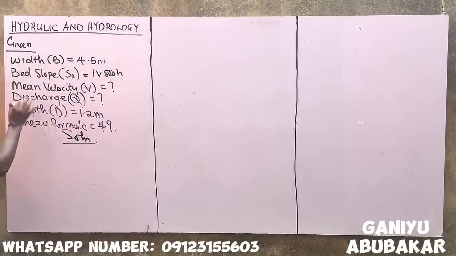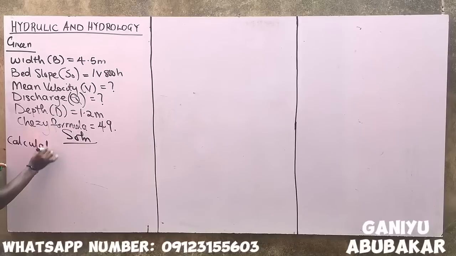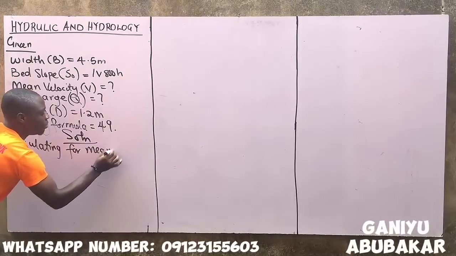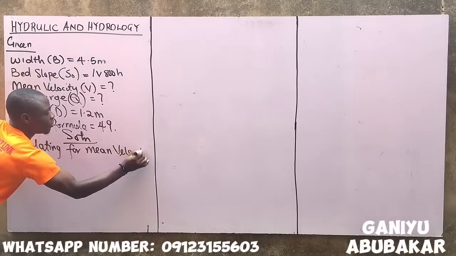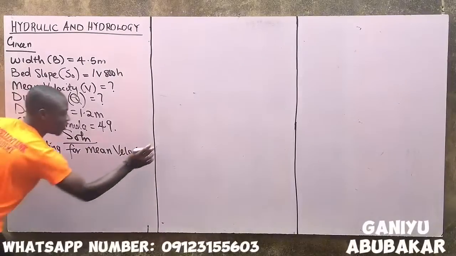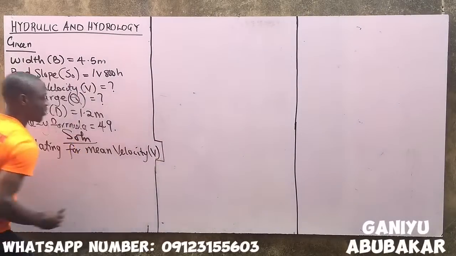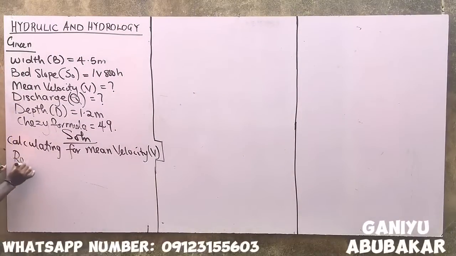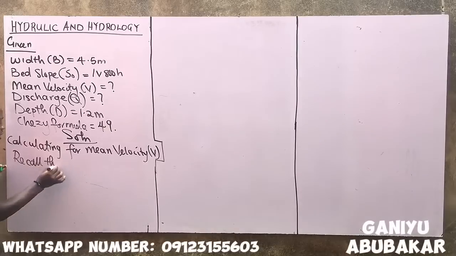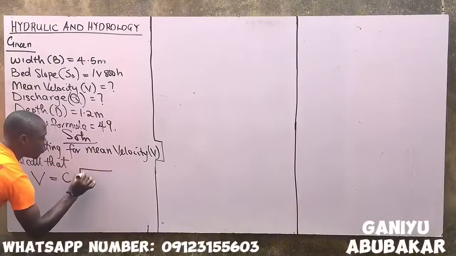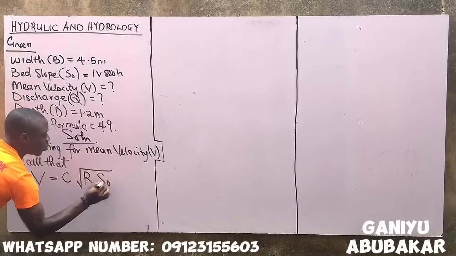Calculating for mean velocity, which is V. Record that mean velocity V is equal to C square root of R S naught.